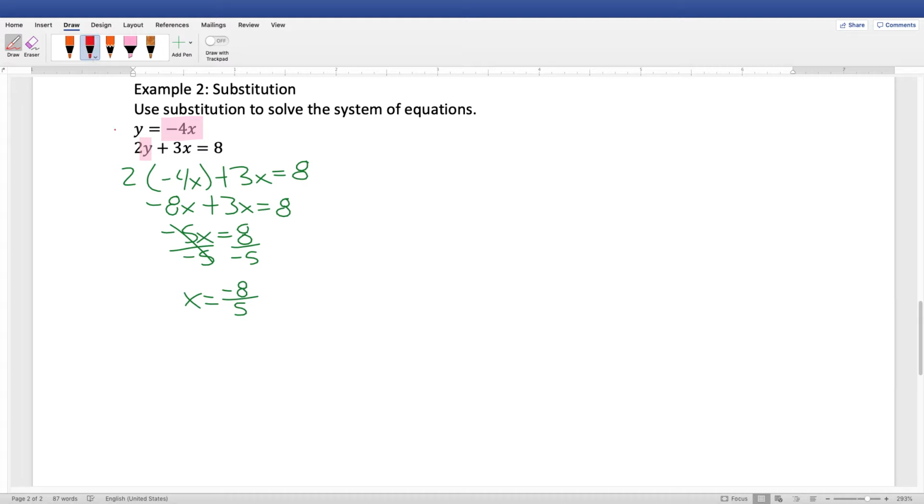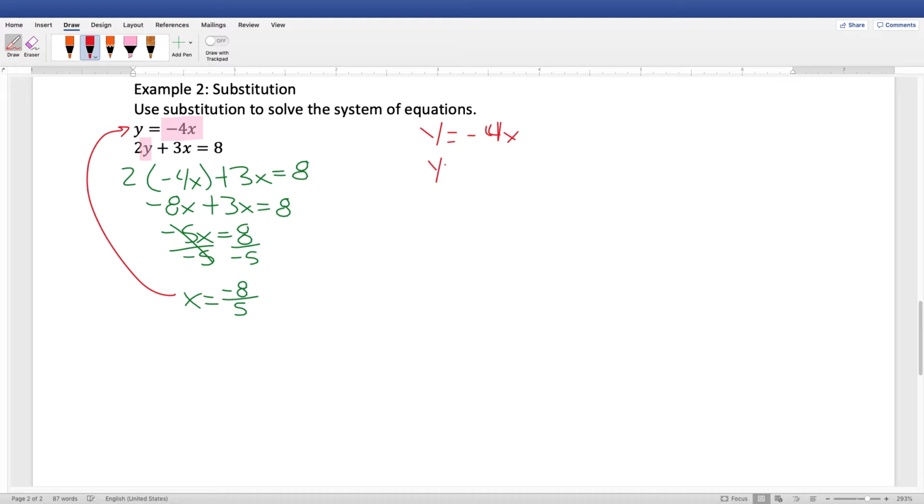Once you know your x value, you are going to plug it back into one of the original equations. I think that using the top equation is the easiest because it's just y equals -4x. So we use y equals -4x, and we are going to plug in -8 over 5.